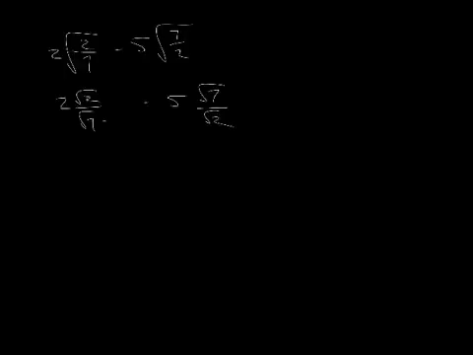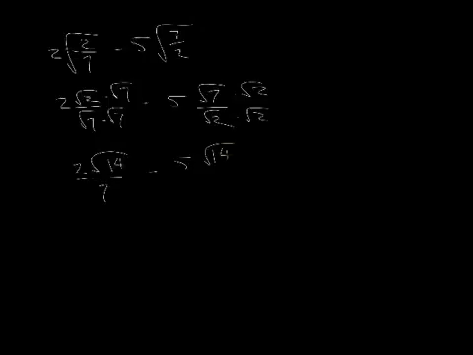So, rationalize the denominators. I have 2 square root of 14 over 7 minus 5 square root of 14 over 4. I need to find common denominators. Oops, I'm sorry, that's not a 4, is it? It's a 2. Square root of 2 times square root of 2 is square root of 4, which is 2.